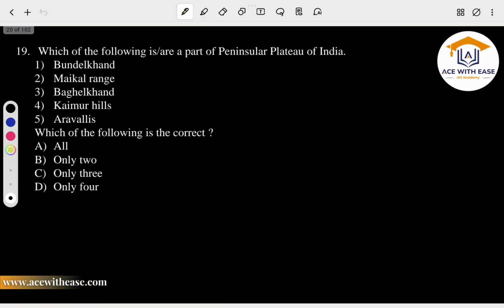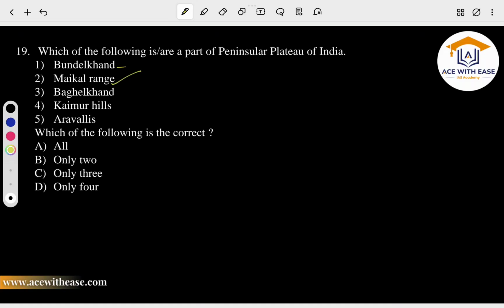Now the next question: which of the following are part of the Peninsular Plateau of India? The first one, Bundelkhand. Yes, Bundelkhand is a part of the Peninsular Plateau, present in the central India region. Maikal Range is also a part of the Peninsular Plateau, present in the Madhya Pradesh region.